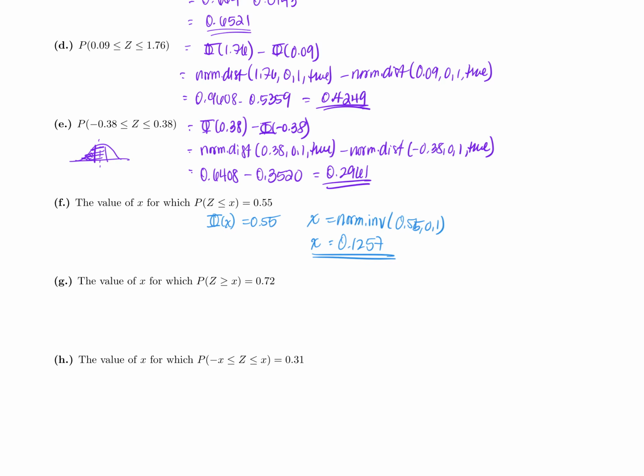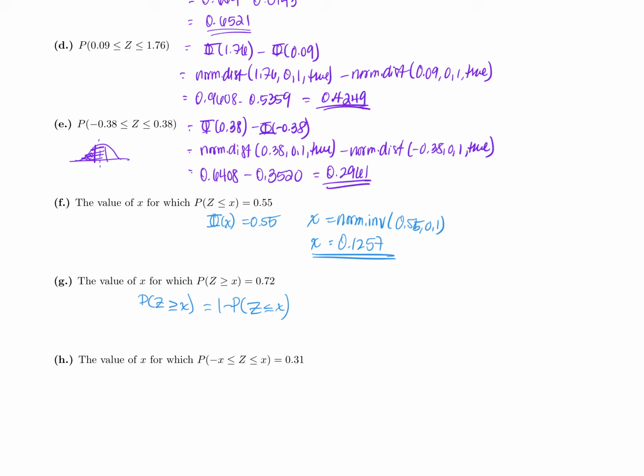We can repeat this again on parts G and H. So where is z greater than or equal to x with probability 0.72? Well, we're going to rewrite the probability here as 1 minus the probability that z is less than or equal to x.